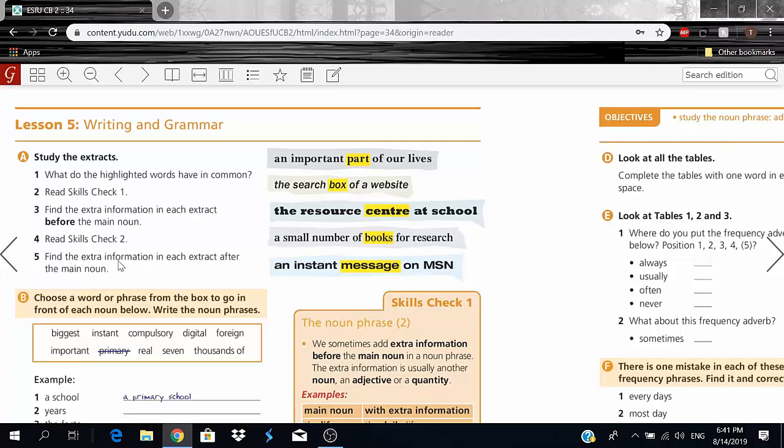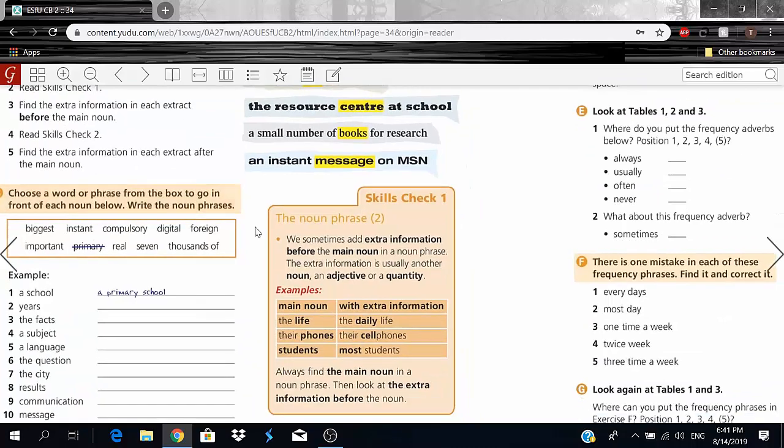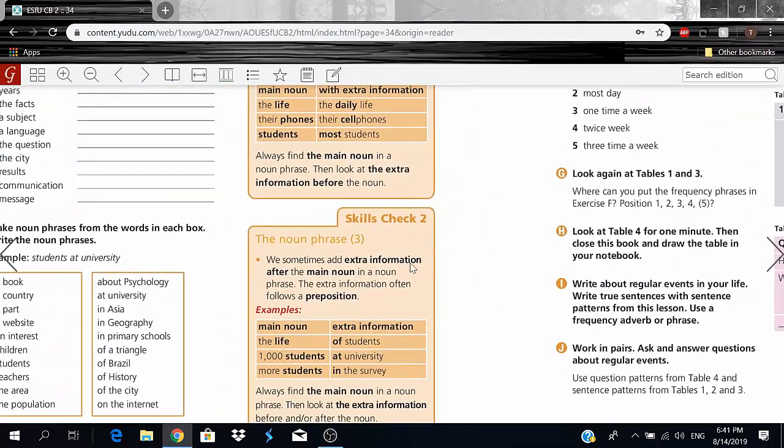Find the extra information in each extract after the main noun, and actually, let's read skills check 2, basically the exact opposite. So instead of adding extra information before the main noun, now we can also add extra information after the main noun. So we sometimes add extra information after the main noun in a noun phrase. The extra information often follows a preposition.